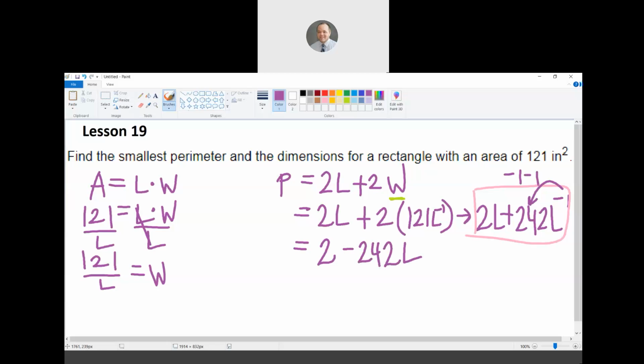And remember with the power rule, to finish it, you subtract 1 from the original exponent. So that would give us L to the negative 2 power. Now let's rewrite that last derivative back with a positive exponent. So that would be negative 242 all over L squared.